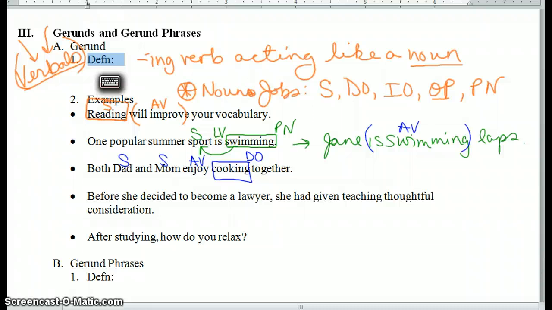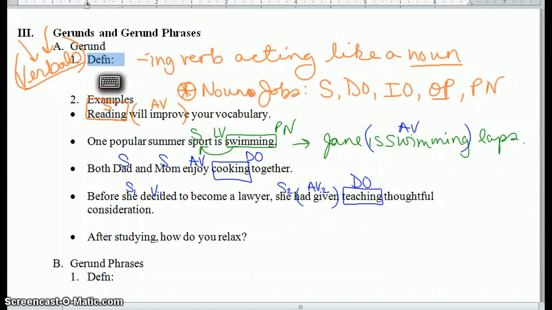She decided, here is a verb with its subject in the clause. To become a lawyer, she had given. Here's my action verb with its subject. She had given what? Teaching. There's an ing verb that in this case is acting like a noun. Receiving the action, it's the direct object.